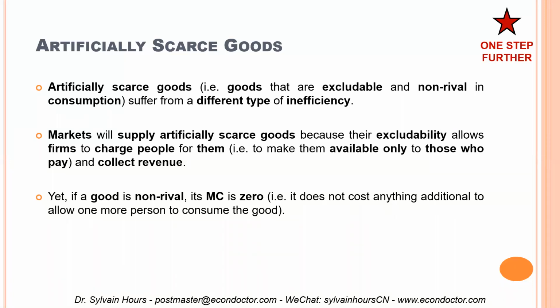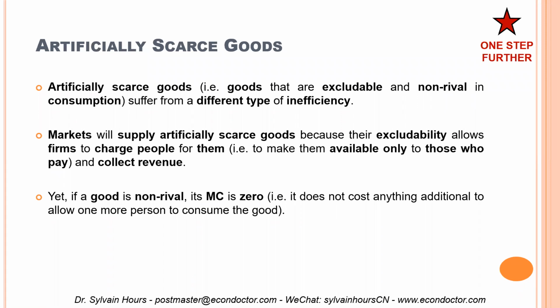Okay. So this is a problem because if you remember about economic efficiency, if you want to achieve economic efficiency, then you need to have the marginal cost of production equal to the marginal benefit of consumption. But if the marginal cost of production is 0, as is the case with non-rival goods, then it means that if you want to achieve efficiency, then the marginal benefit must be equal to 0, okay?